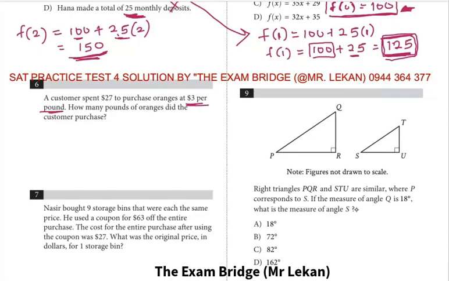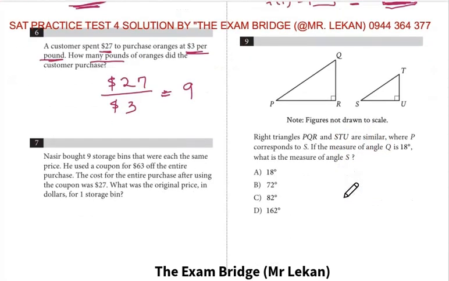And the customer spent $27. So they are now asking me how many pounds of oranges did the customer purchase. This is just 27 divided by 3. So that is 9. So I think this one is very straightforward.